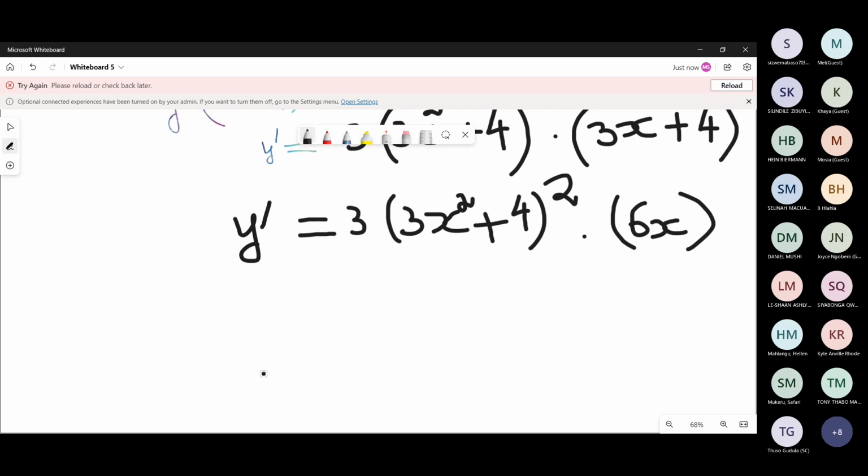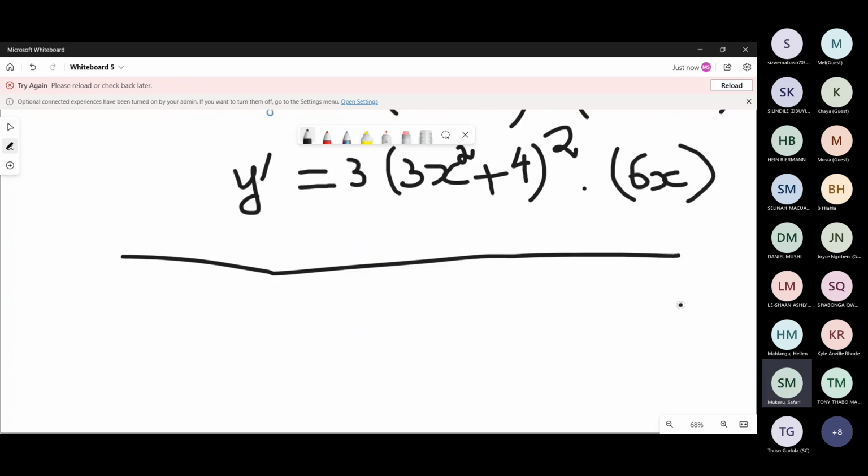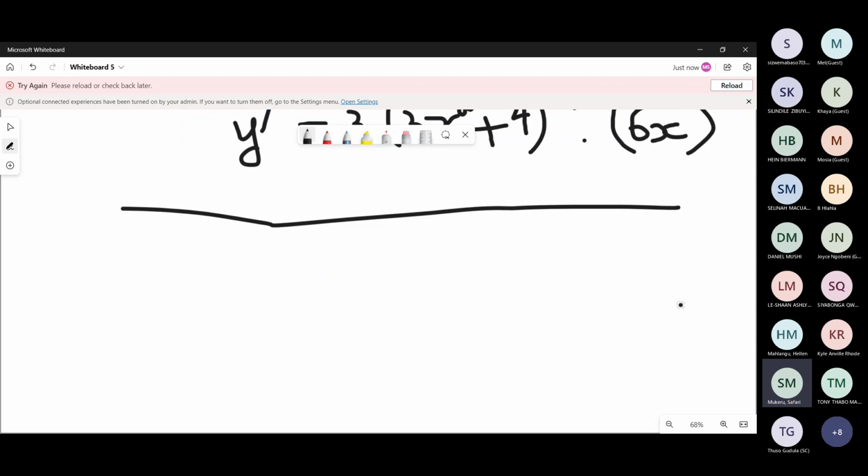Good. We discussed also another rule, what was our second rule? I think it was the exponential function, right? Of course, we have something like, if you have a function of the form c, any constant, multiplied by a function u.